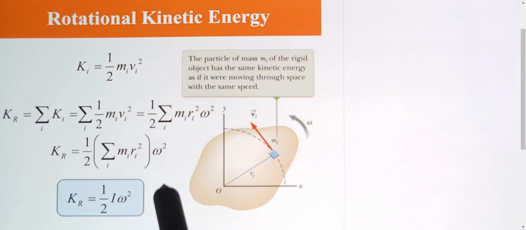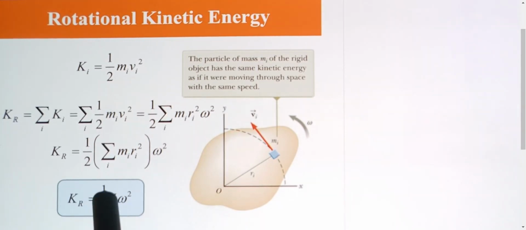Well, equivalent to that is half I omega square, and we call this the rotational kinetic energy. Omega is the angular velocity. We talked about it last lecture.